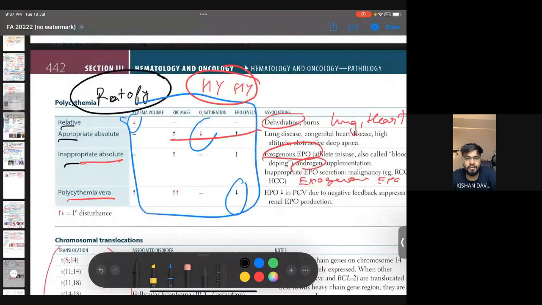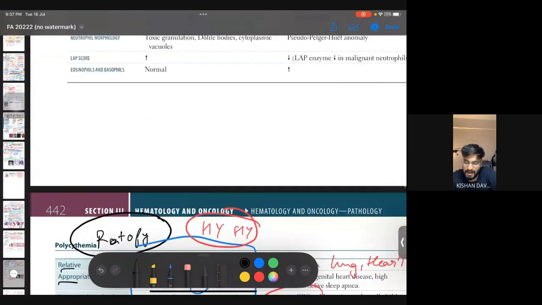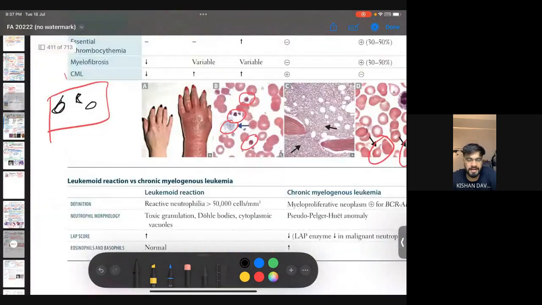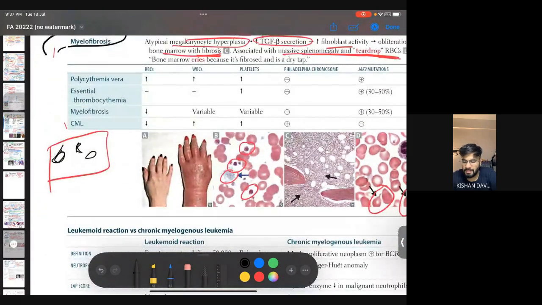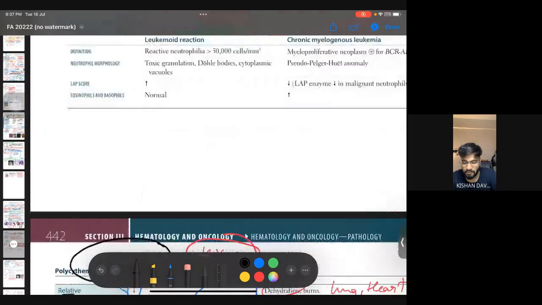That's where you have to look at the case. And that's where hematology becomes difficult and confusing, because they will give you 2-3 RBC morphologies in the same question. Now how will you pick it out? So you need to keep this in mind, and that's all for chronic myeloproliferation.